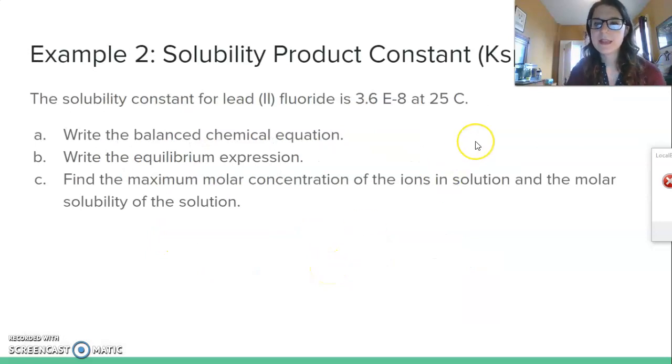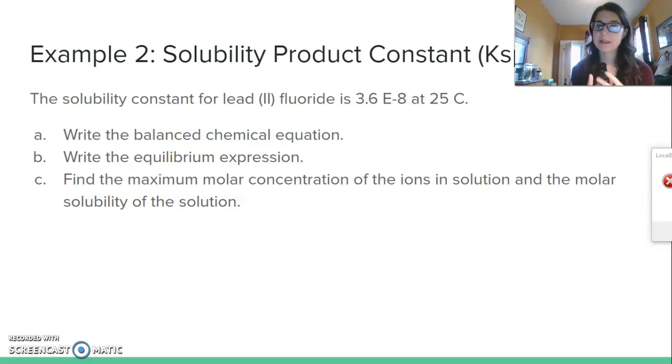Okay, so here we have an example with the solubility product constant, Ksp, and solubility. The solubility constant for lead 2 fluoride is 3.6 times 10 to the negative 8 at 25 Celsius. Part A, we want to write the balanced chemical equation of what happens when we dissolve lead 2 fluoride in water. Then we want to write the equilibrium expression, which is the Ksp, the solubility product constant expression.